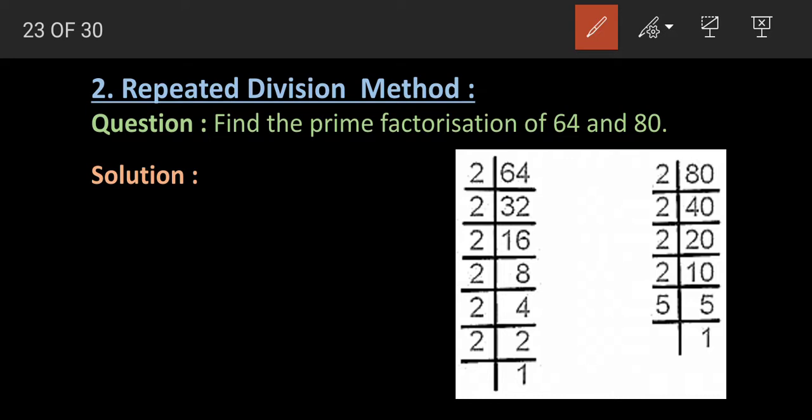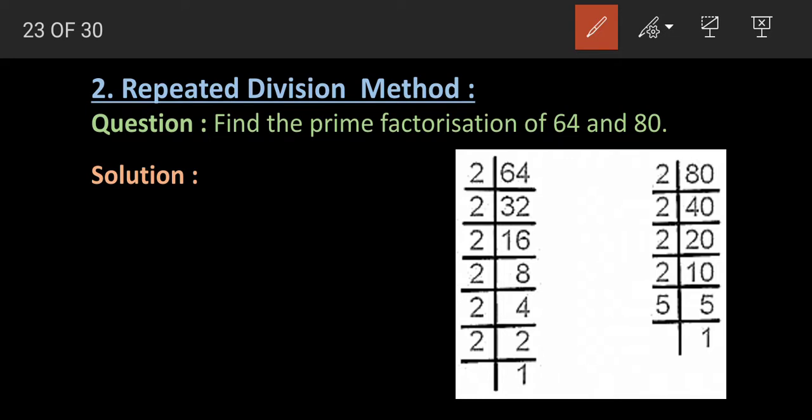We have to divide the number again and again until we get the remainder as 1, or you can say the last number as 1. So divide 64 with the help of prime numbers starting from the smallest one. Our smallest prime number is 2. If it is not divisible by 2, then move to 3. In this way you have to divide the number with the help of prime numbers.